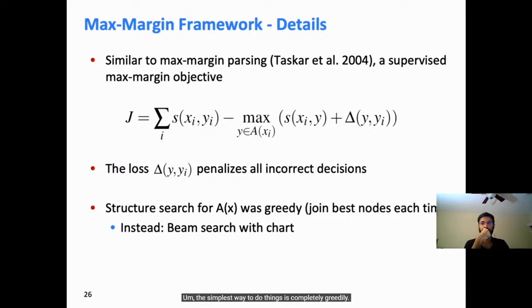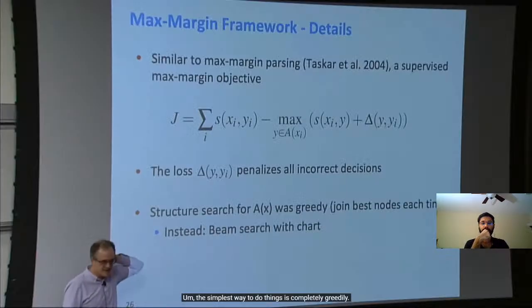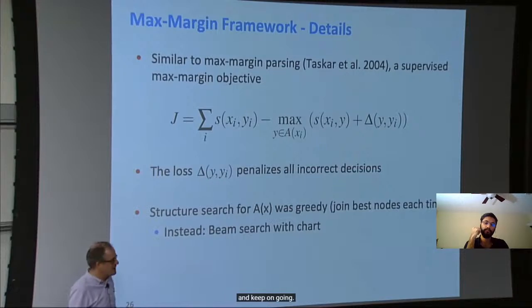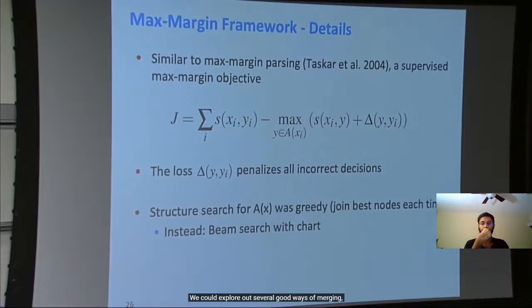The simplest way to do things is completely greedily. You just find the best local decision at each point and make that structure and keep on going. But if you want to do things a bit better, and we explored this, you could do beam search. We could explore out several good ways of merging and then decide later higher up the tree as to which was the best way to merge.